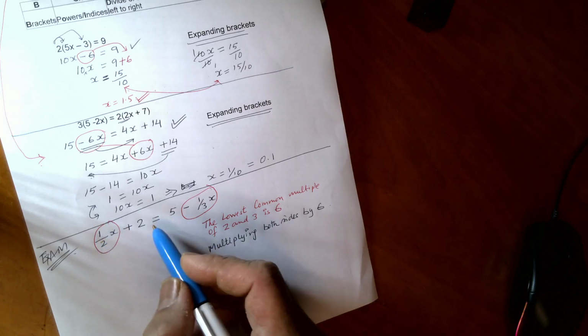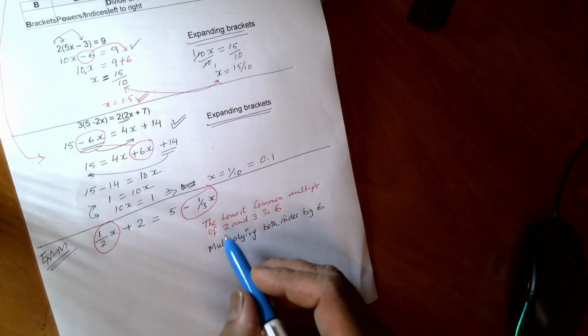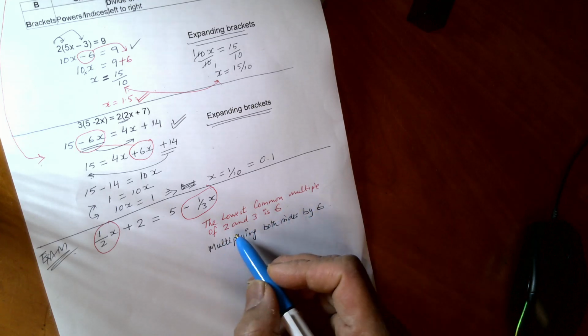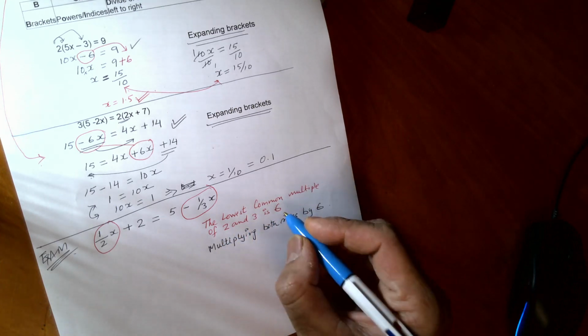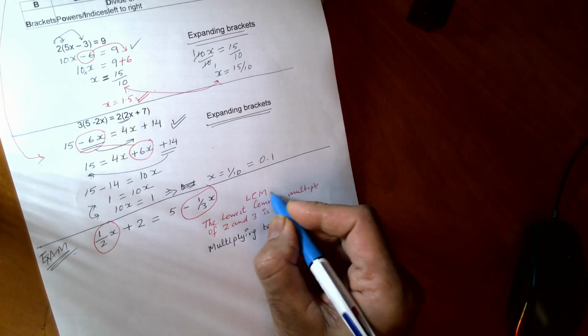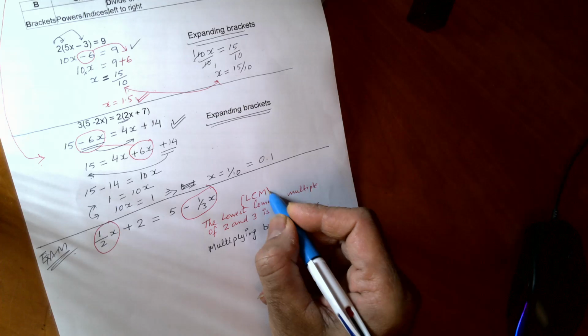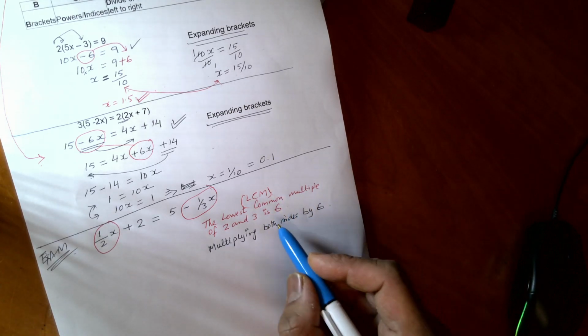Because these are the fractions, one here and one on the other side. So the lowest common multiple of 2 and 3 is 6. Which you also say LCM. The abbreviation for that is LCM. So the LCM is 6.